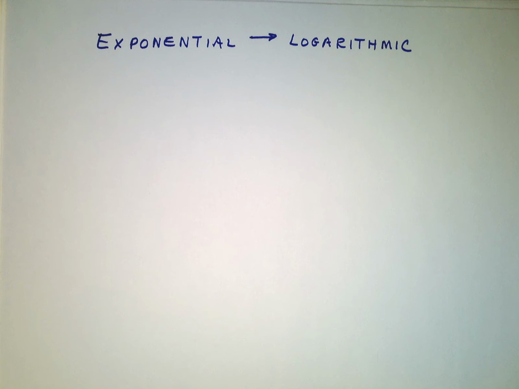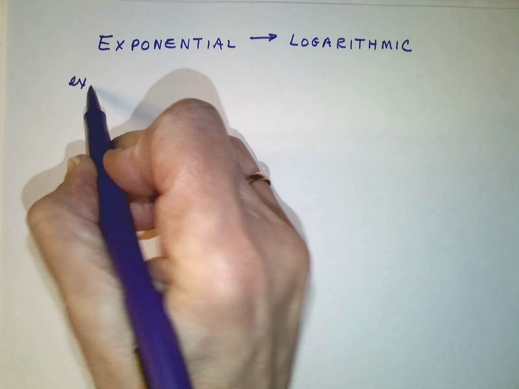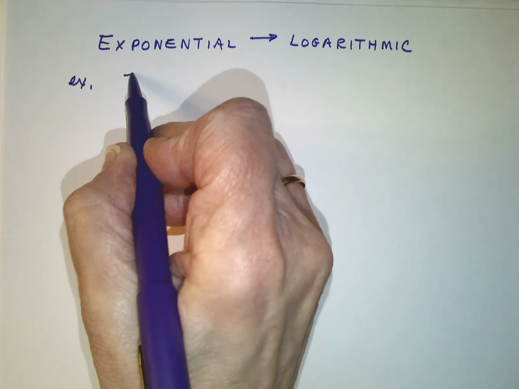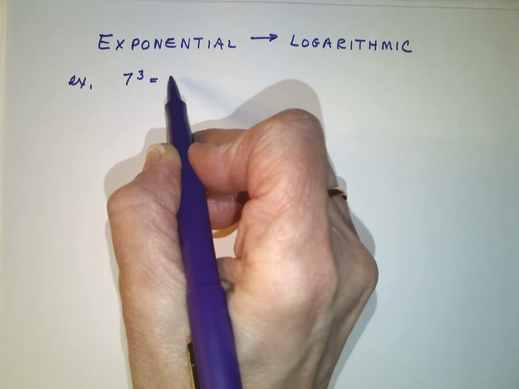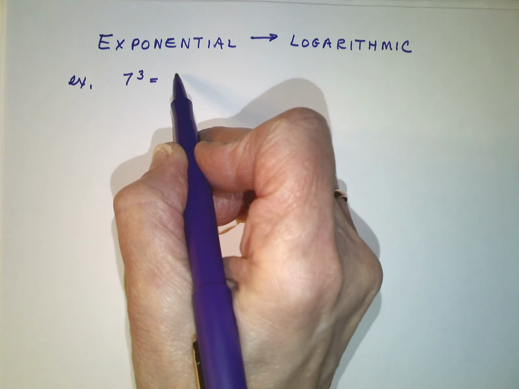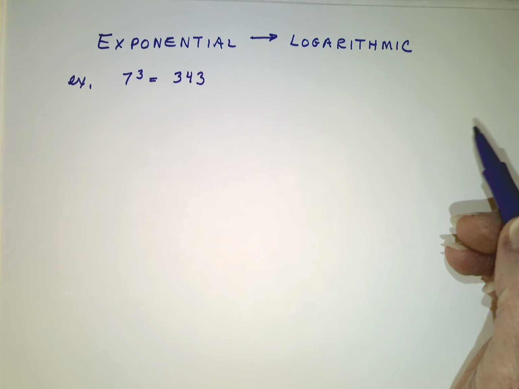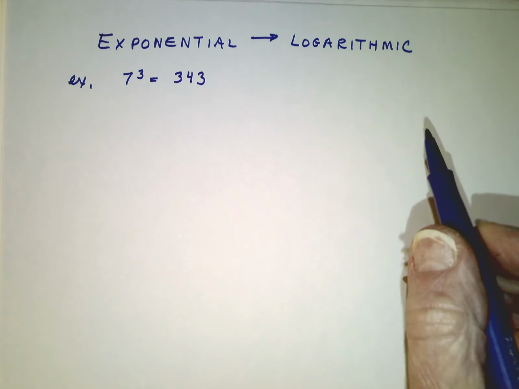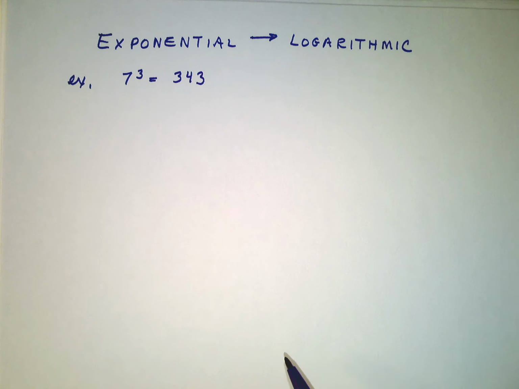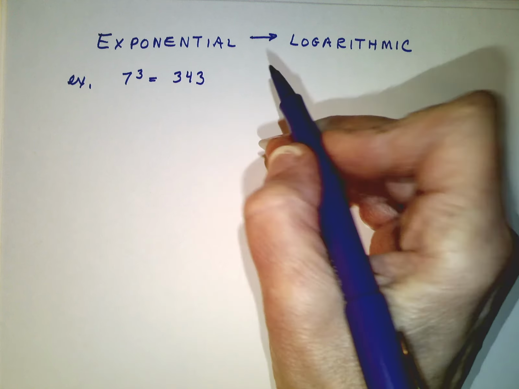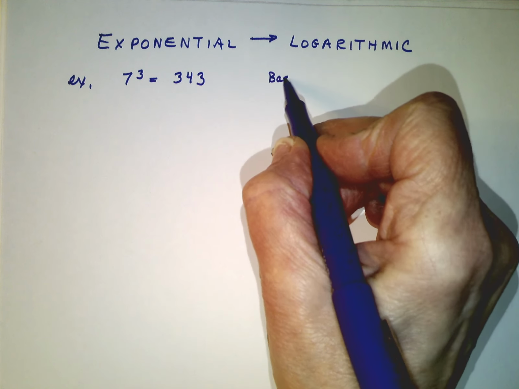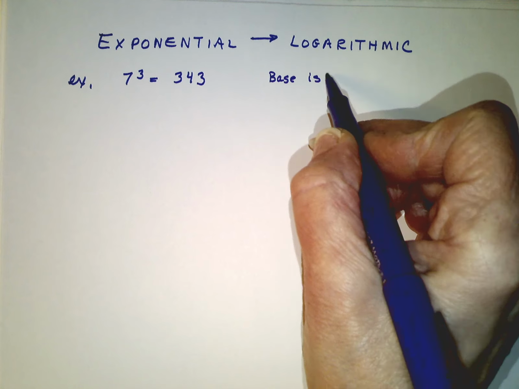Finally, let's take an exponential equation and translate it into the logarithmic form. So if we have 7 to the 3rd power equals 343, we're supposed to translate that into the logarithmic form. We know that the base is 7.